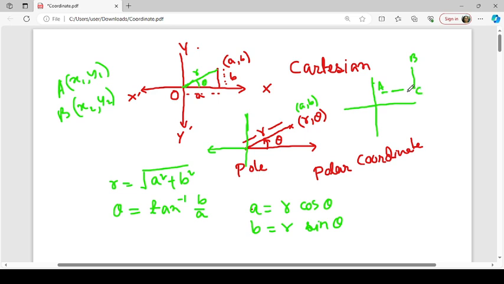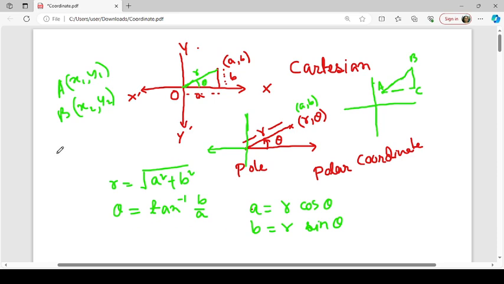If it is C, then AC is equal to x2 minus x1 and BC is equal to y2 minus y1. And AB is the hypotenuse of this right angle triangle, so AB is root over AC square plus BC square.